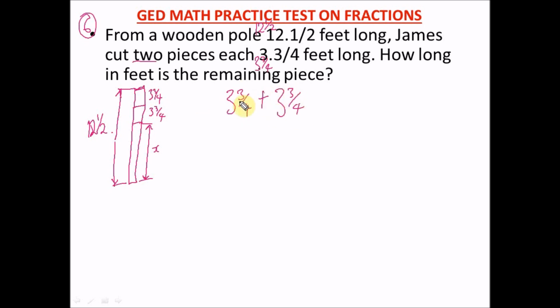It's quite easy to add this since the denominator is the same. So it will just be 3 plus 3, which is 6. Then this 3 plus this 3 is 6. And we leave the denominator as 4. You don't add up the denominator, you leave it as 4. All right, so this is our answer here.